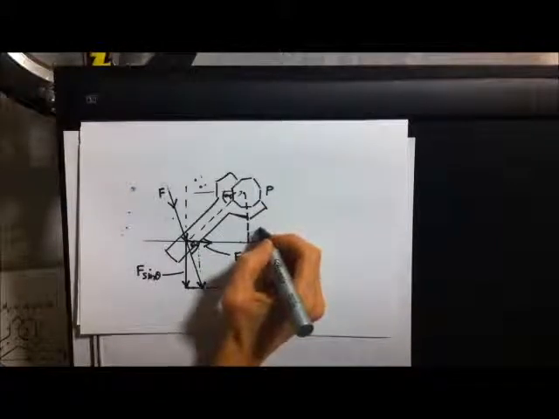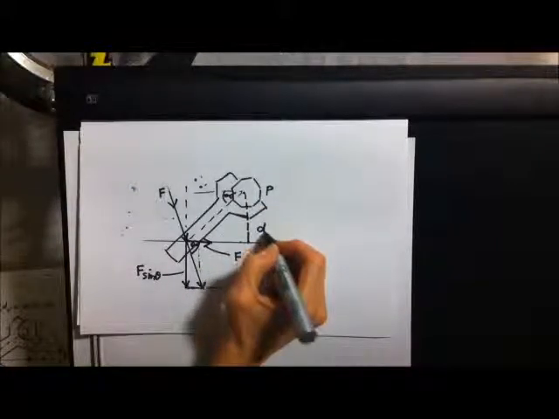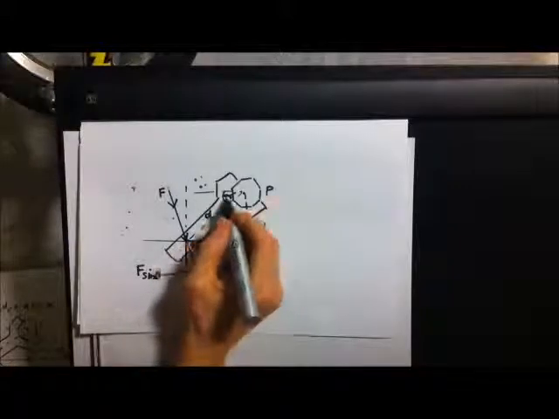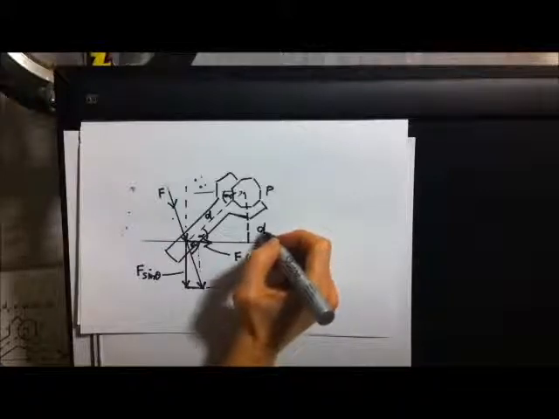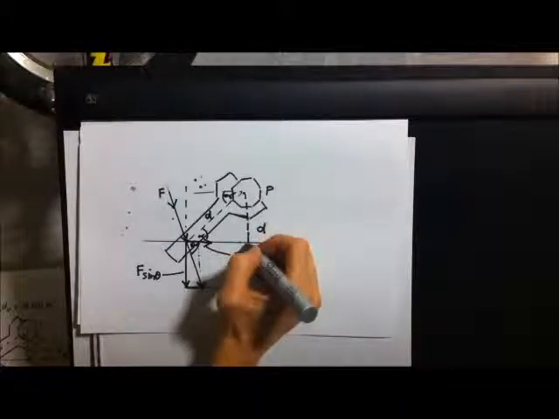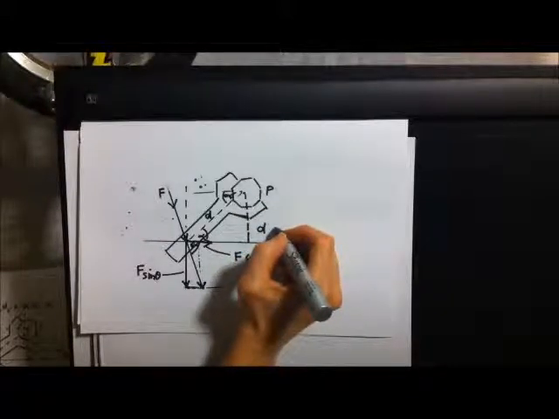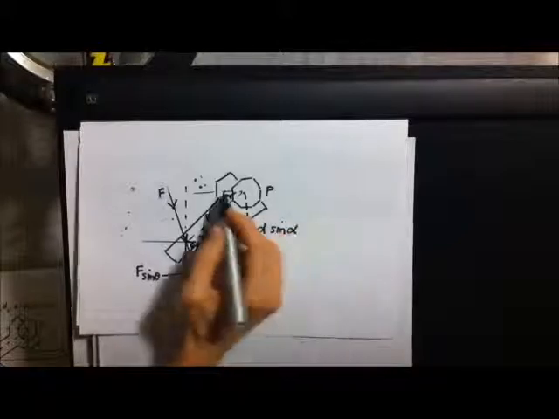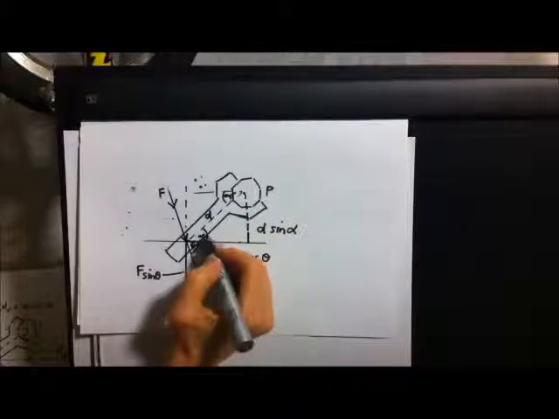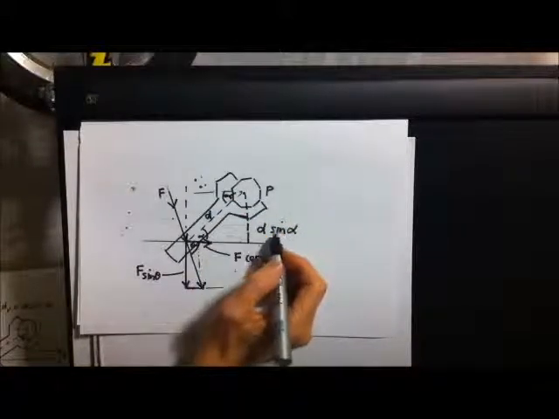And so here, if we know this distance here and we know that angle alpha there, we know that this distance here is d sine of alpha, because we know this is alpha here.